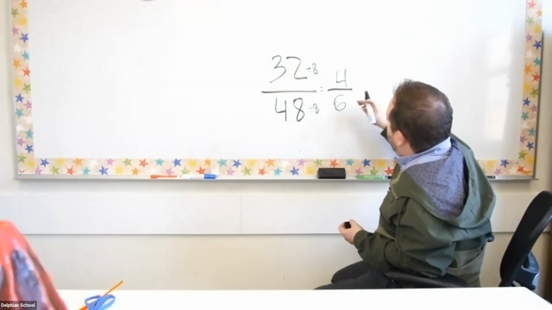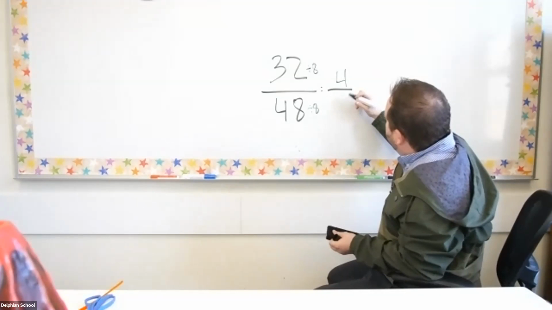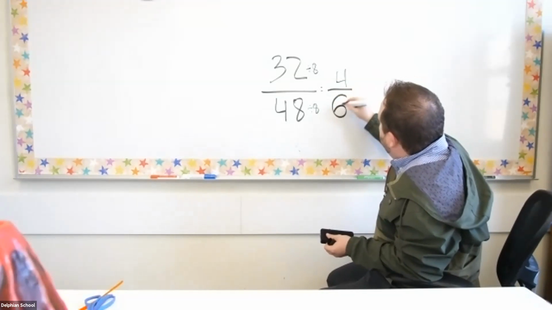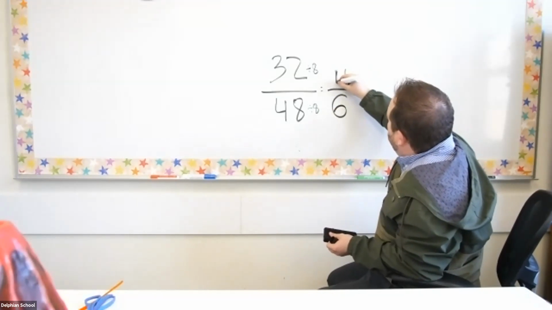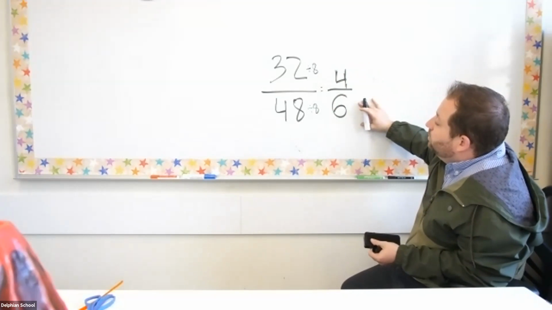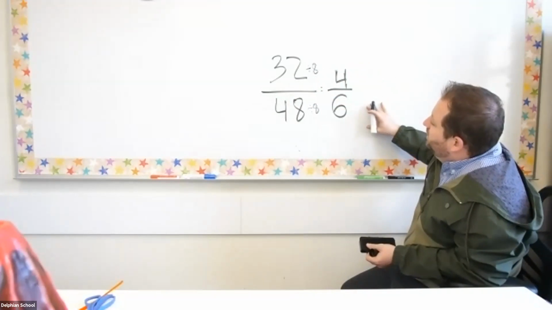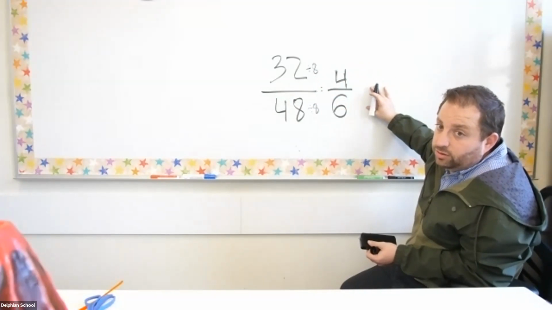Sorry, I just want to write it really thick so everybody can see it. 4/6. Now this is lower terms than this, but it's still not actually lowest terms.